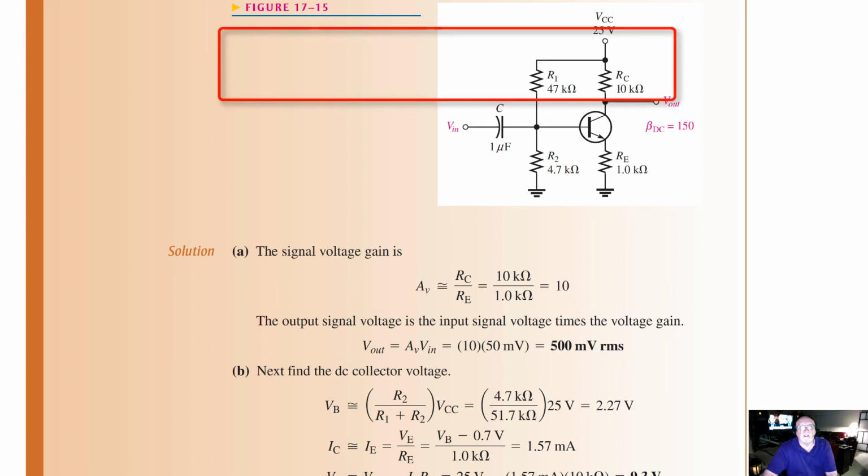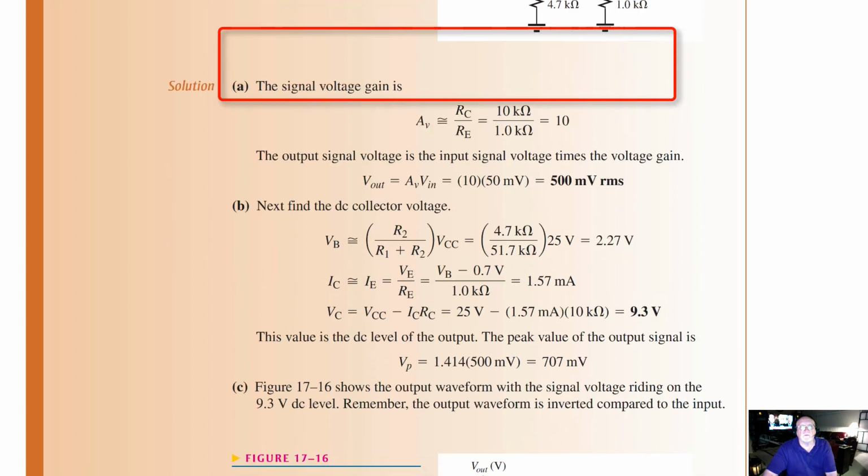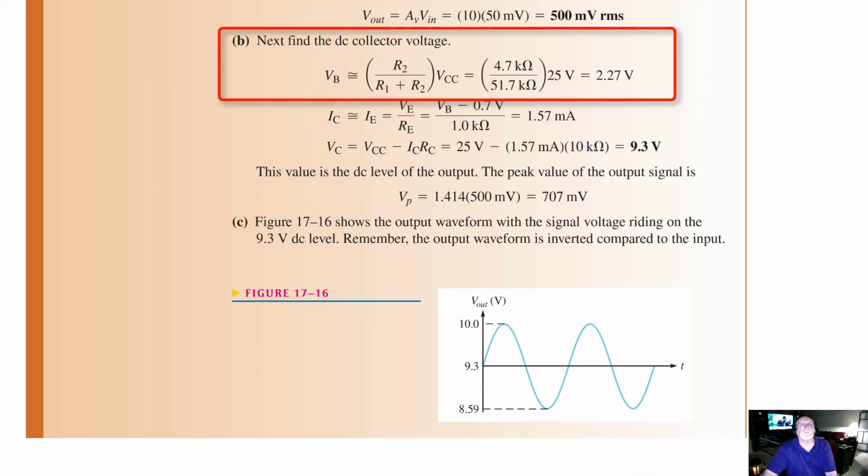Next, find the DC collector voltage. So V sub B is approximately equal to, there's our voltage divider formulation again, R2 over the sum of R1 and R2, times VCC, which gives us 2.27 volts.